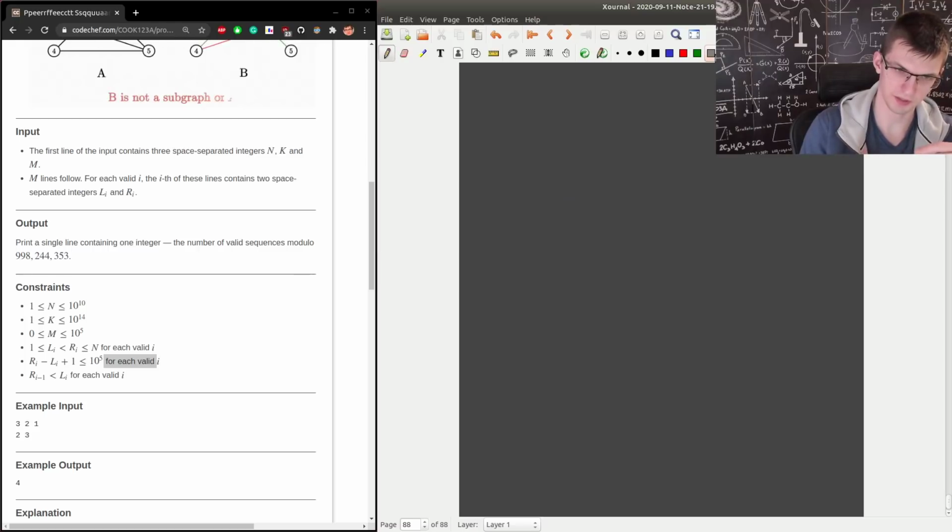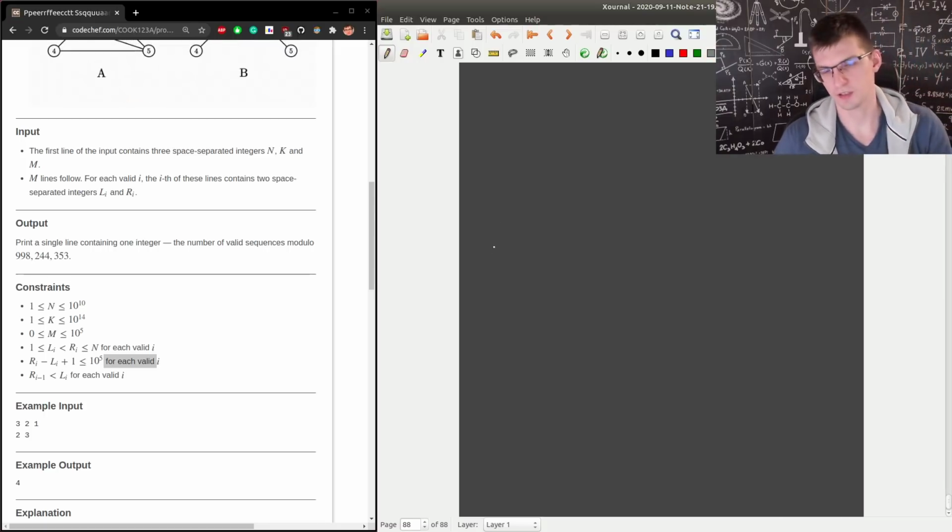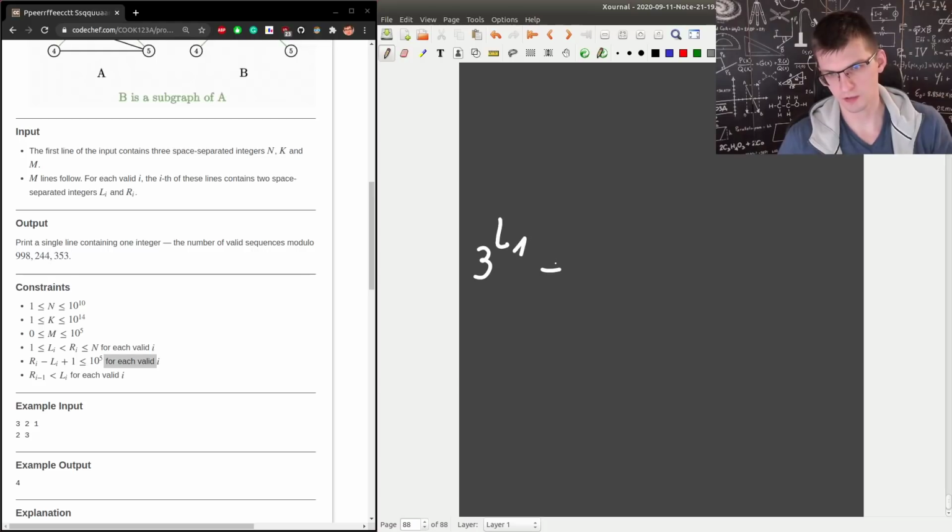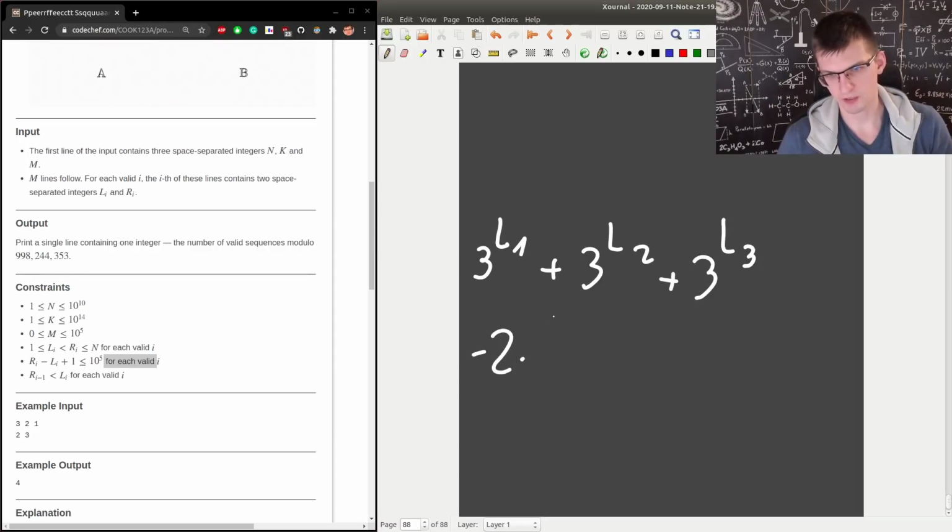This does not depend on L. Let's say that at the end I get that this is 3 to L1 plus 3 to L2 plus 3 to L3 minus twice 6 to L1 plus this plus this.